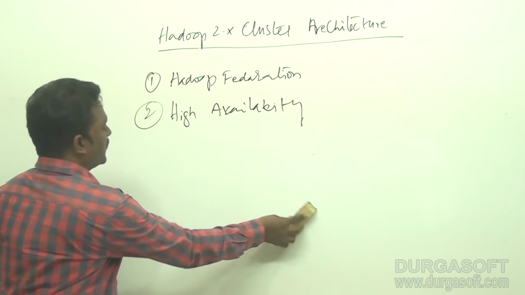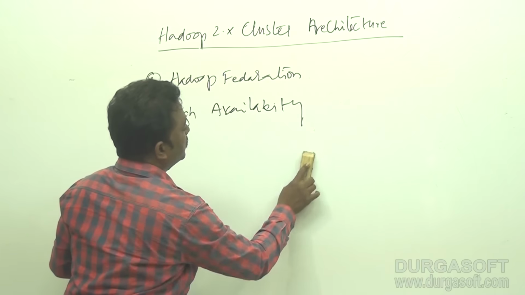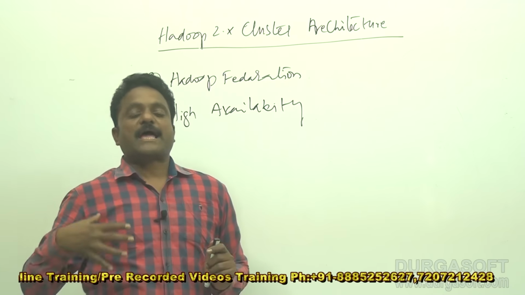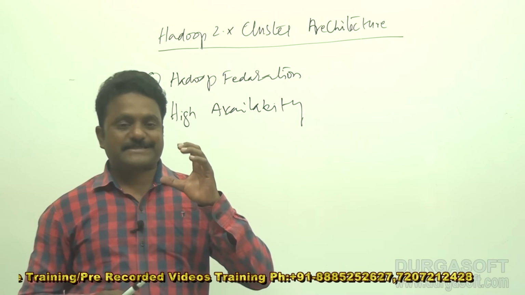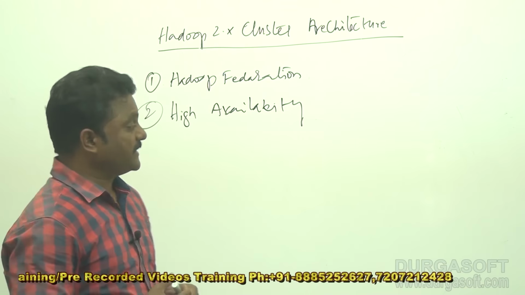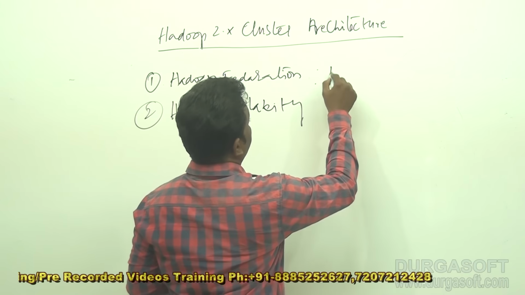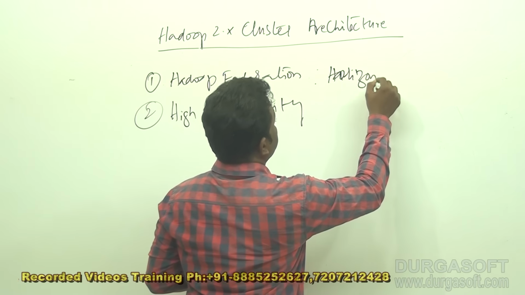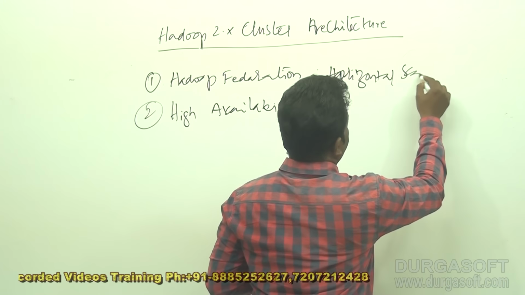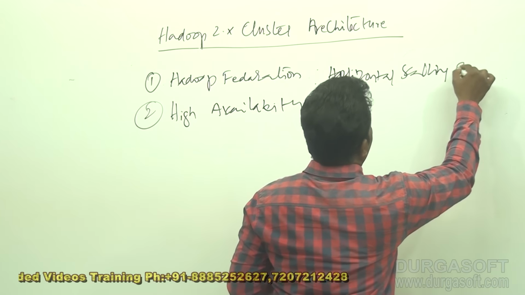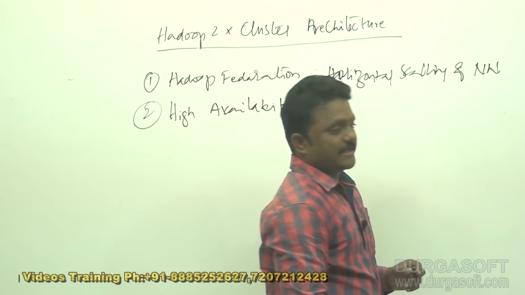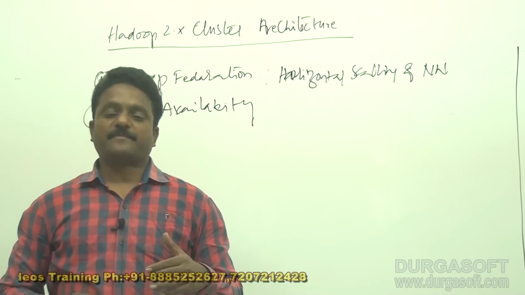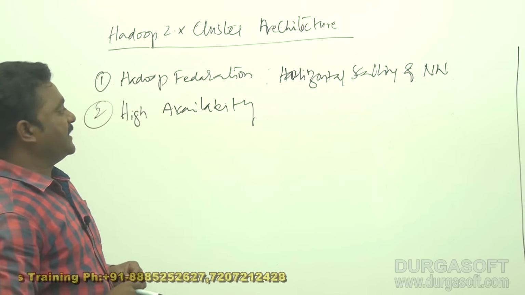In the 2.x version, we are trying to have the concept of horizontal scaling of the name node. Please do remember this term: horizontal scaling of name node. That makes scalability very easy.